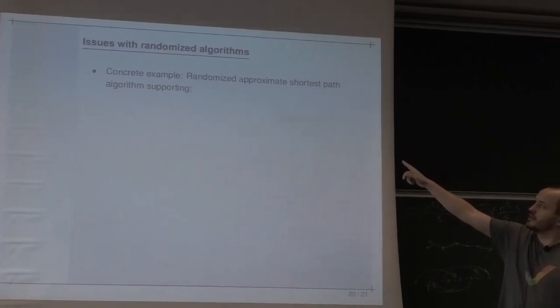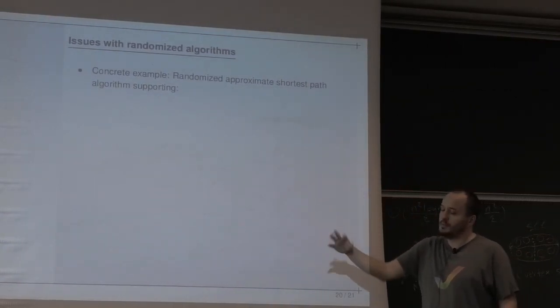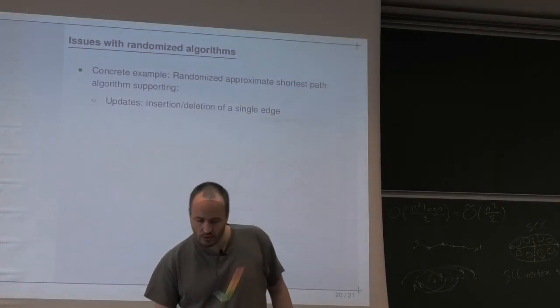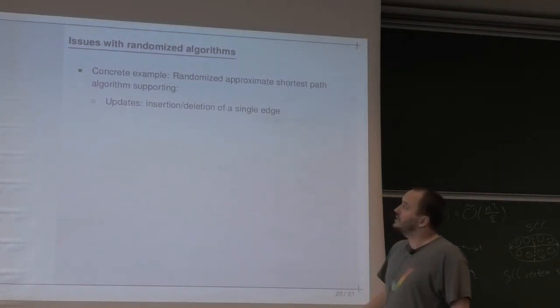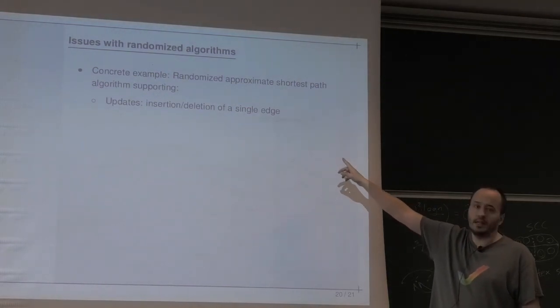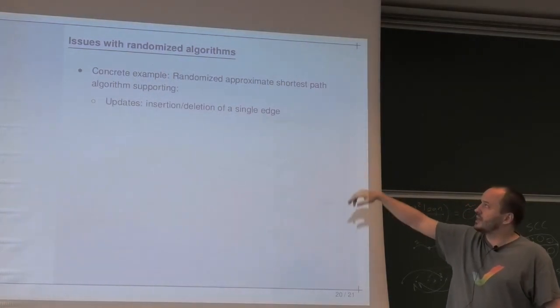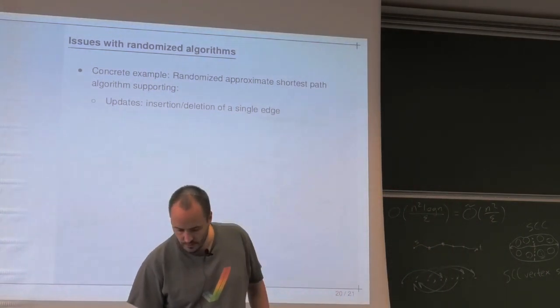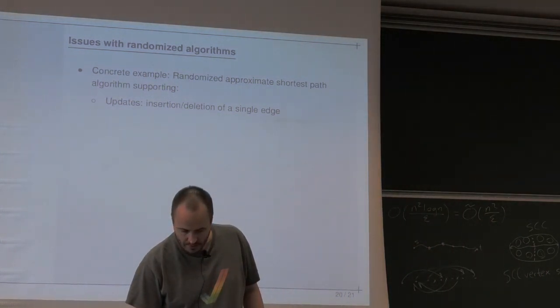Approximate shortest path. So suppose we have some algorithm. Let's say it's randomized, and it should support updates, insertion and deletion of a single edge. We can also just look at deletions only if you want. But we don't need to worry about the details, just some problem.